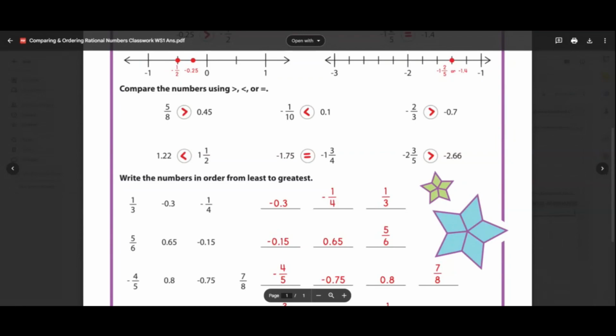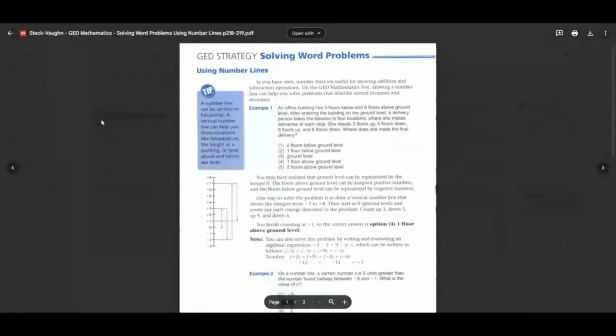All right, here's the next one that I want you to work on, and it's got more GED style questions on it. So let me put it here. It looks like this.